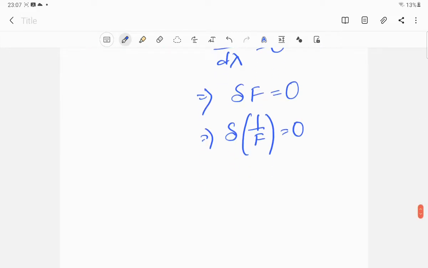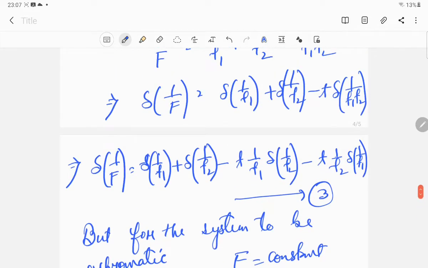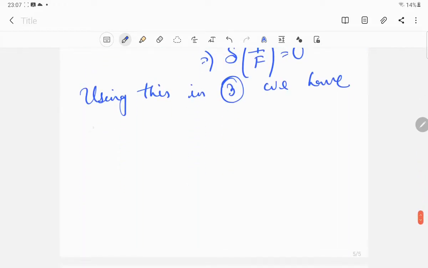So using this in 3 we have, so what is that? This part is totally equal to 0, this part becomes 0, so this thing only remains. So let us do that.